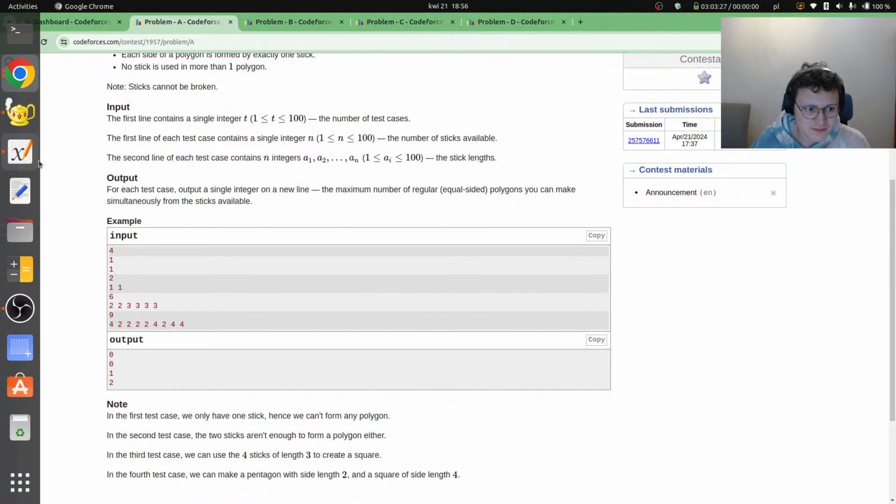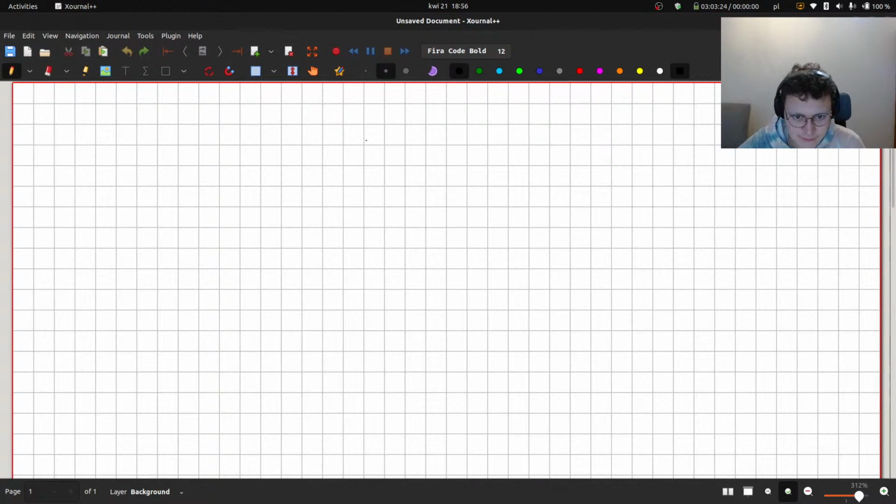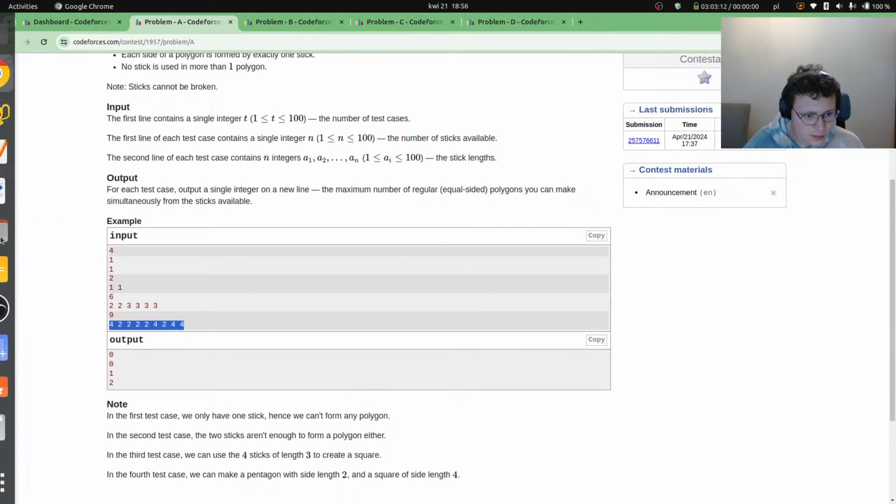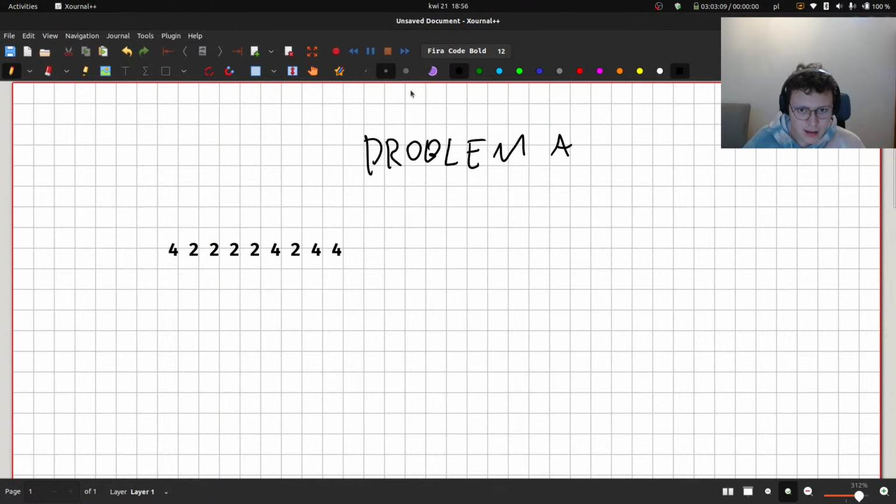Basically, we can notice that it's always optimal for us to create triangles, because we can create a regular polygon from 3 or more sticks of the same length, right?